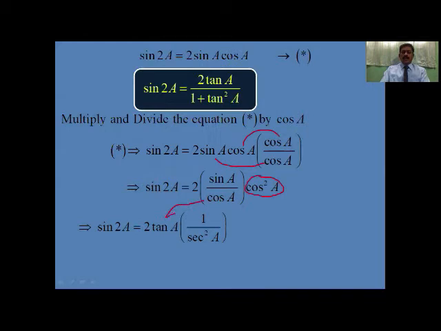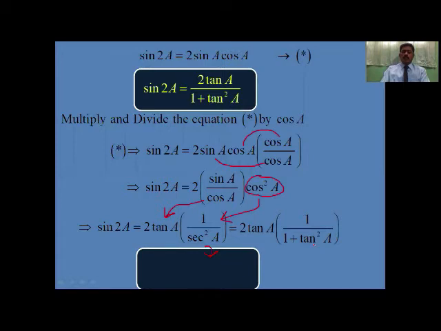This sine a by cos a is tan a, and we know by reciprocal ratios that cos square a can be written as 1 by secant square a. And also we know what secant square a is by identity 2, so I have replaced that here. 2 tan a into 1 divided by secant square a can be written as 1 plus tan square a by reciprocal ratio. Therefore, our formula is sine 2a equal to 2 tan a divided by 1 plus tan square a.